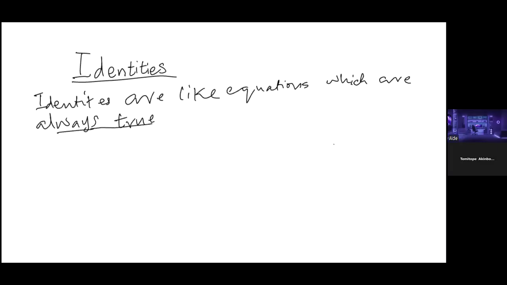Always true for any value of unknown. So the keyword is always true. If it is not always true, then it's not an identity. It means that it's just an ordinary expression.